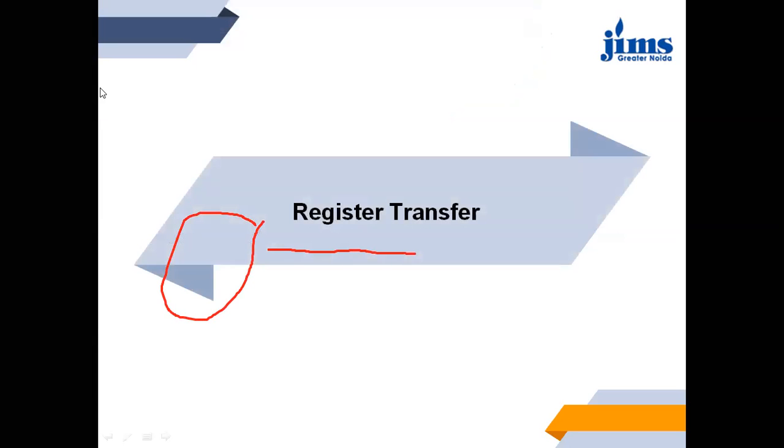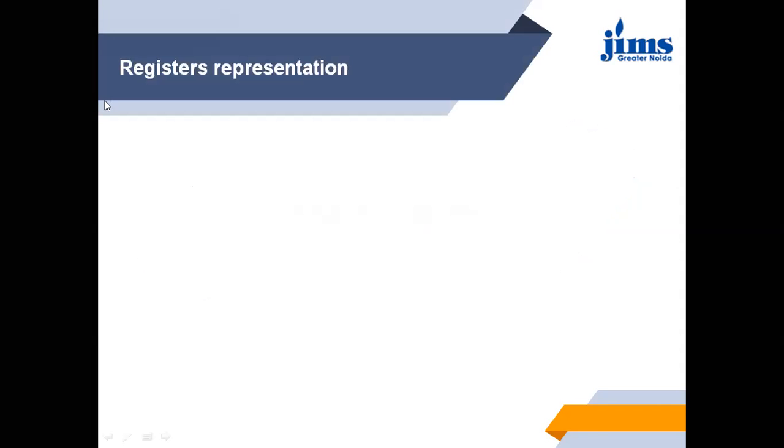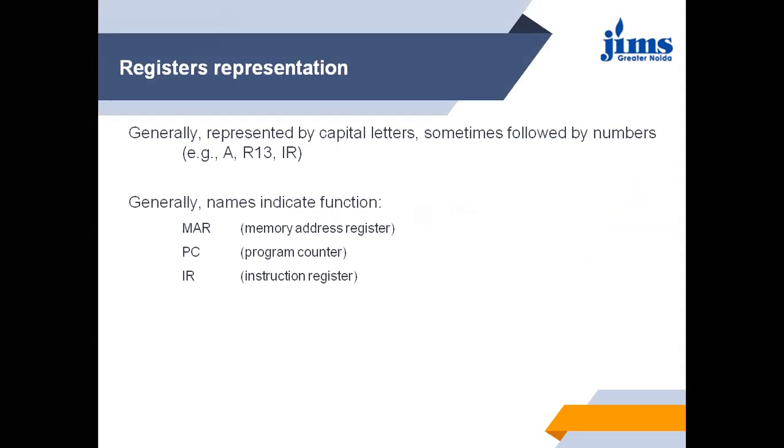Now we will study registers: how we can represent a register, what the different ways are, and how information is transferred from one register to another. First we will see register representation, that is, how we can represent a register.